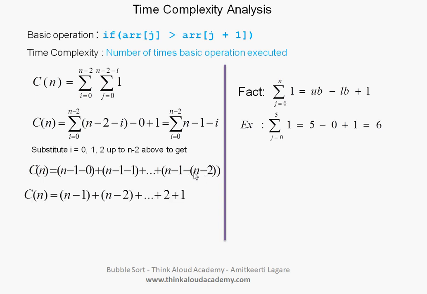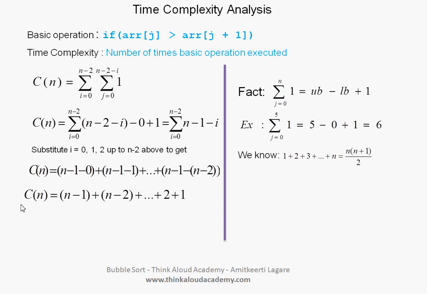Now if I solve this, it will be n minus 1, then n minus 2, and this will go on till 2 plus, the n and n would get cancelled, and this will be minus 1 plus 2, which will be plus 1. So the number of times the basic operation gets executed can be written as n minus 1 plus n minus 2 plus, all the way till 2 and 1.